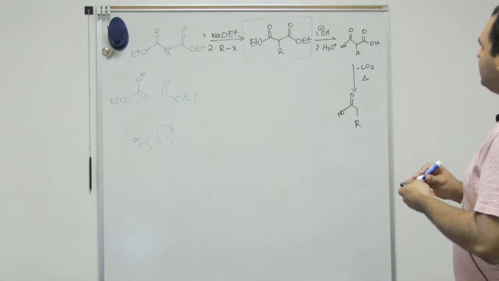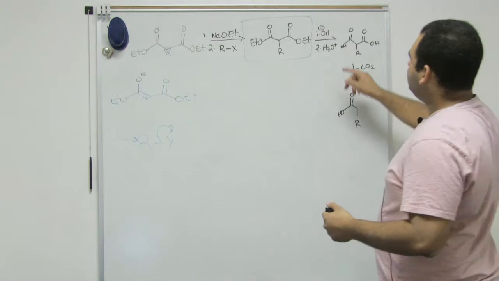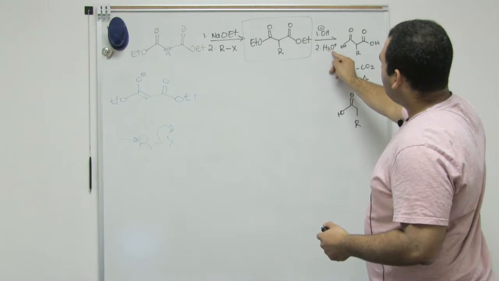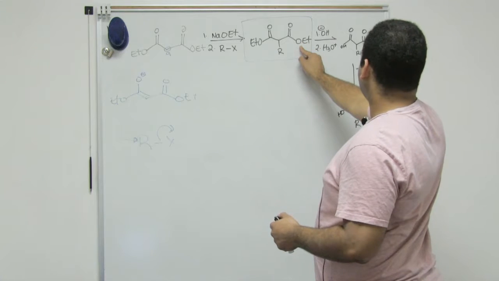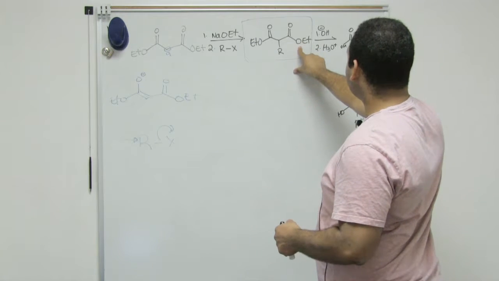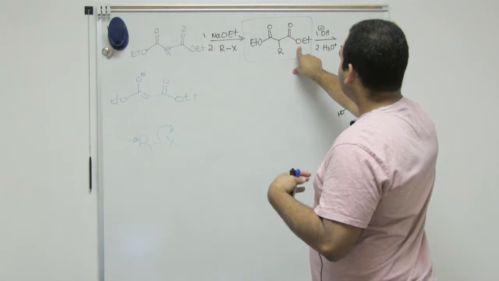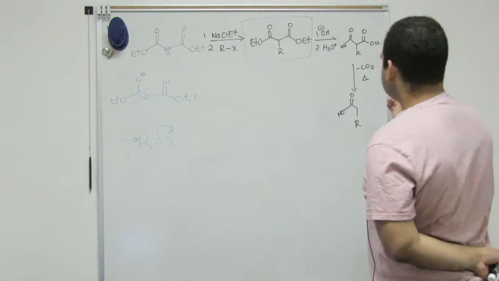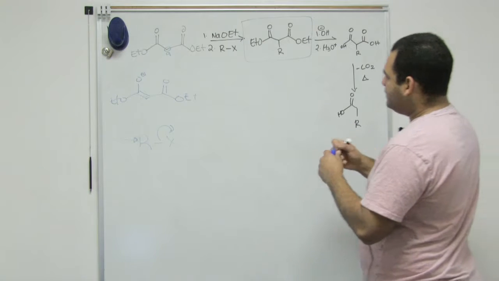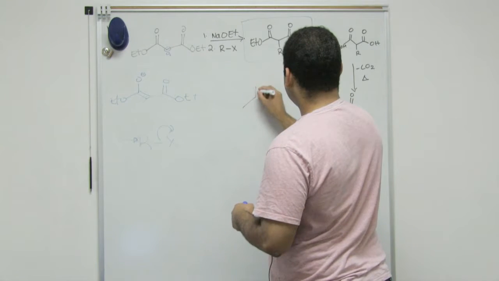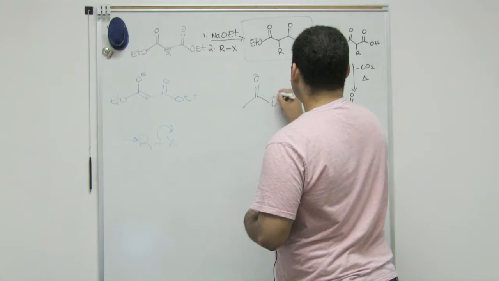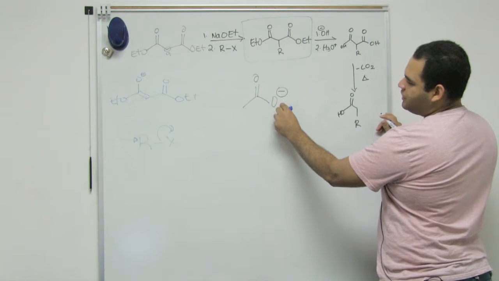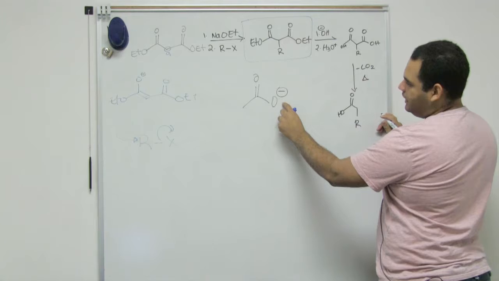Once we get this product, what we're going to do, these are the conditions for, if you remember, saponification, where we can use an ester to form what we call the carboxylate, which is the conjugate base of my carboxylic acid. So the carboxylate would be something like this, where I'm missing a hydrogen here to get my carboxylic acid.